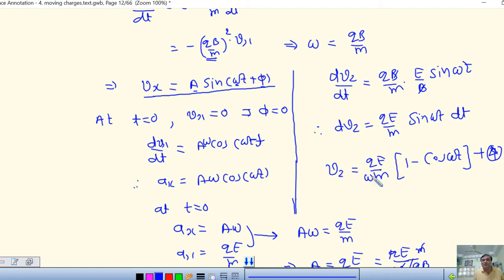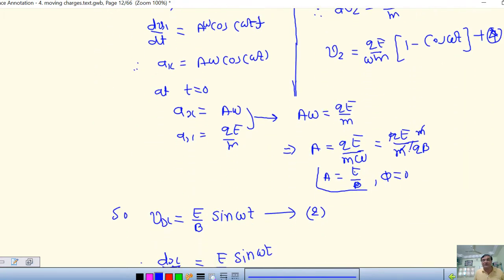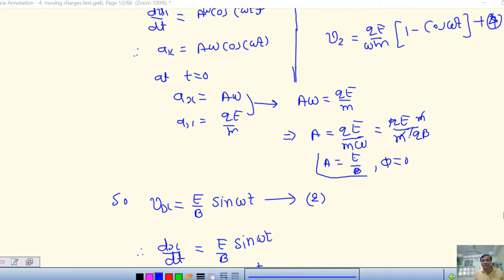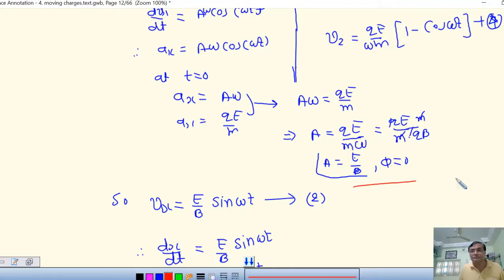Now from this I want the z component of the position. So vz is equal to dz by dt. I write directly: qe upon omega m minus qe upon omega m cos omega t.